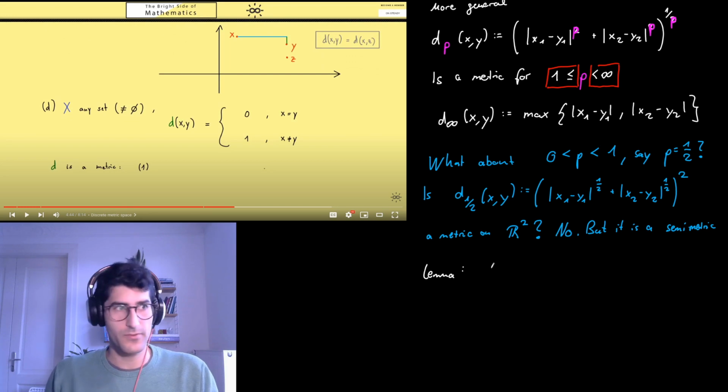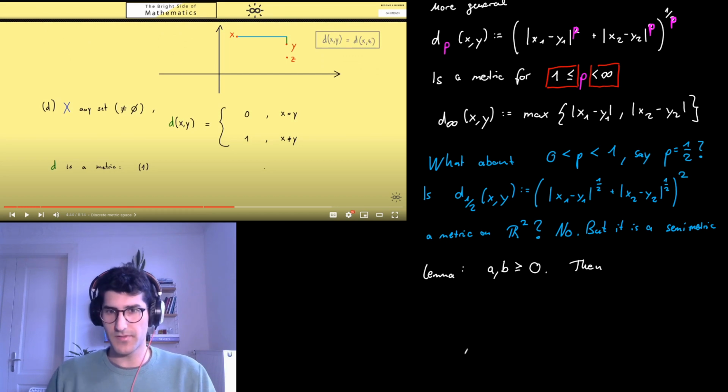So let's say we have two numbers, a and b, that are greater or equal than 0. Then we have three types of inequalities, which I write down here quickly.